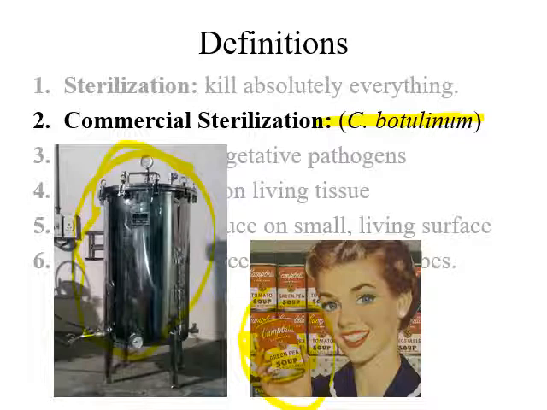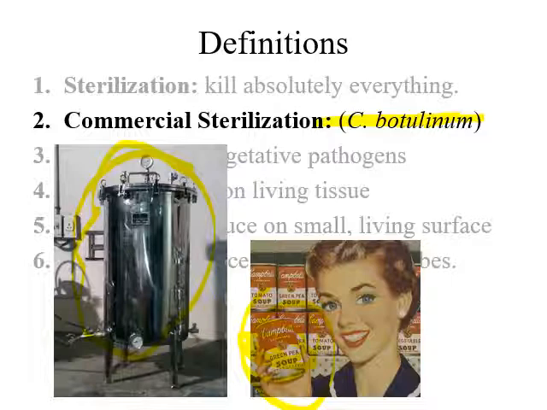Okay, now 1 decimal reduction time, we'll talk about this again later, means cooking something at a specific temperature for a long enough period of time to kill 90% of the microbes. Right, so 2 decimal reduction times would be enough to kill 99% of the things present. 3 decimal reduction times would be enough to kill 99.9% of the microbes present, right? And so on.